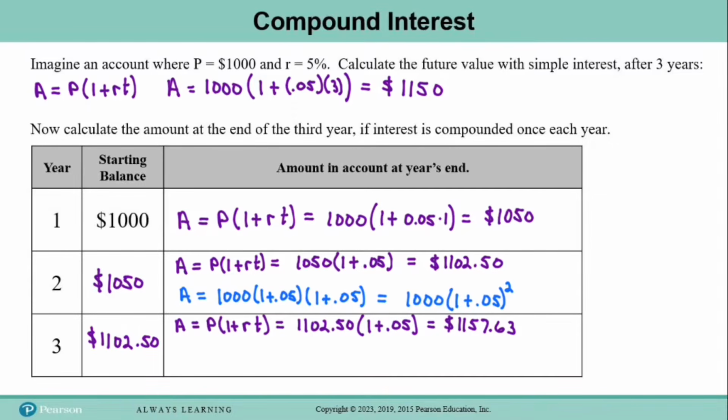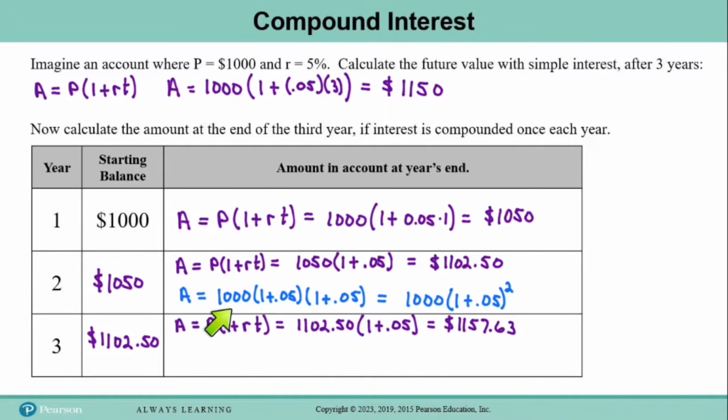A better way to write this would be 1,000 times 1 plus 0.05 to the second power, right? Because if I have a factor times itself, then that's what exponents are for. Okay, now let's go to the third year. And remember this $1,102.50 that we got from the end of year 2? Okay, well that was calculated with this formula. So this time when I copy this down, instead of writing this $1,102.50, I'm going to write the expression that we used to calculate it.